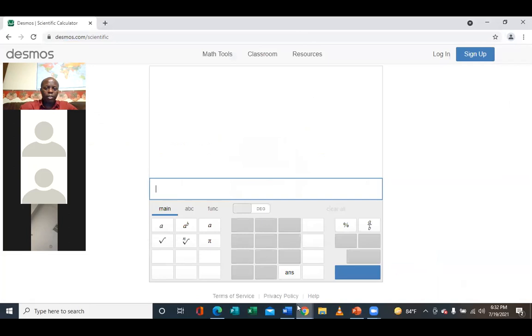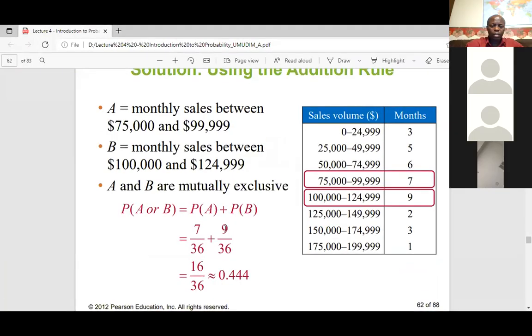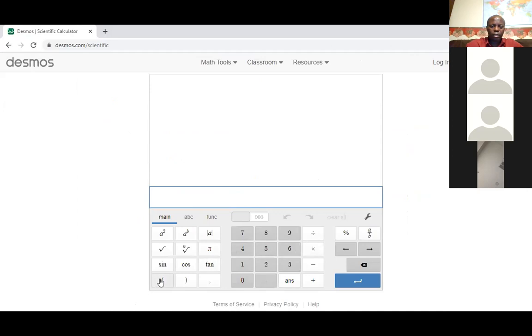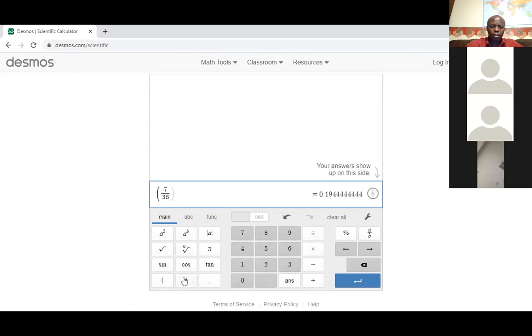And what we are looking for is 7 over 36 divided by 9 over 36. So that we have 7 over 36 plus 9 over 36.